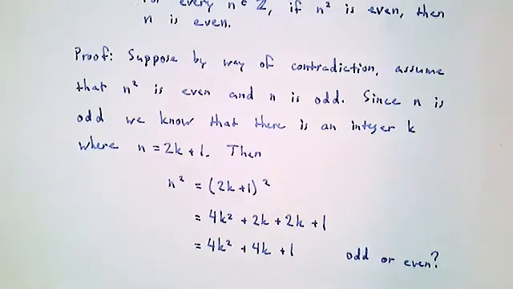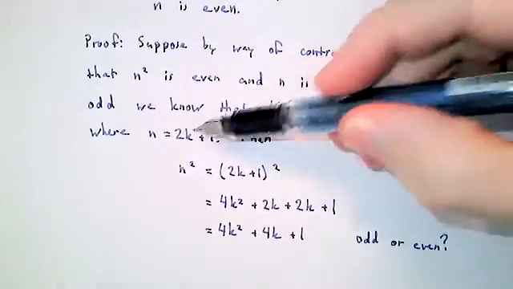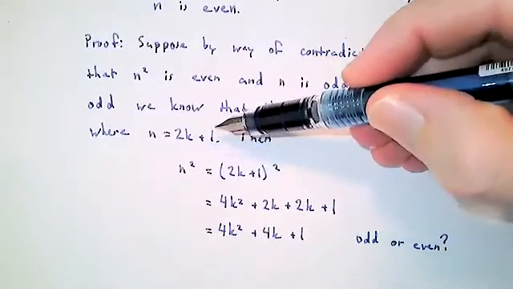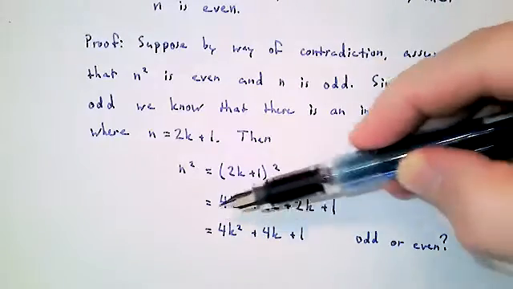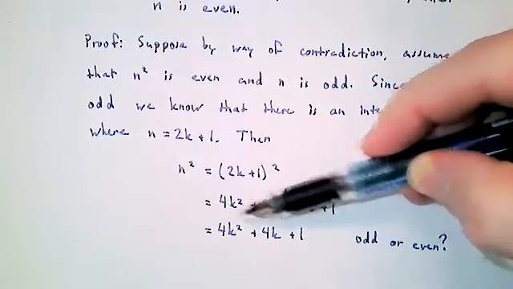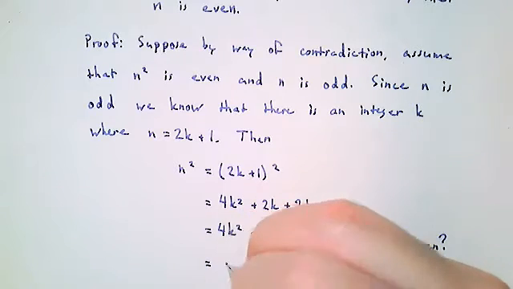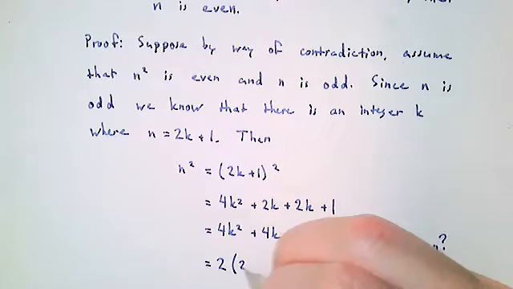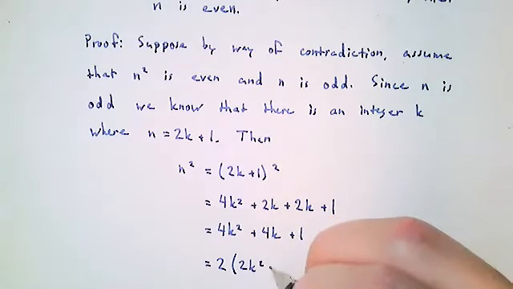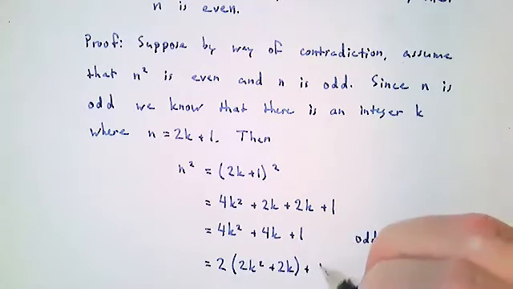So if we're going to say it's odd, we need to rearrange it slightly so that it looks like 2 times an integer plus 1. And in order to do that, we'll have to factor a 2 out of both of these expressions here. So this is equal to 2, and then what's left over is 2k squared plus 2k, plus 1.